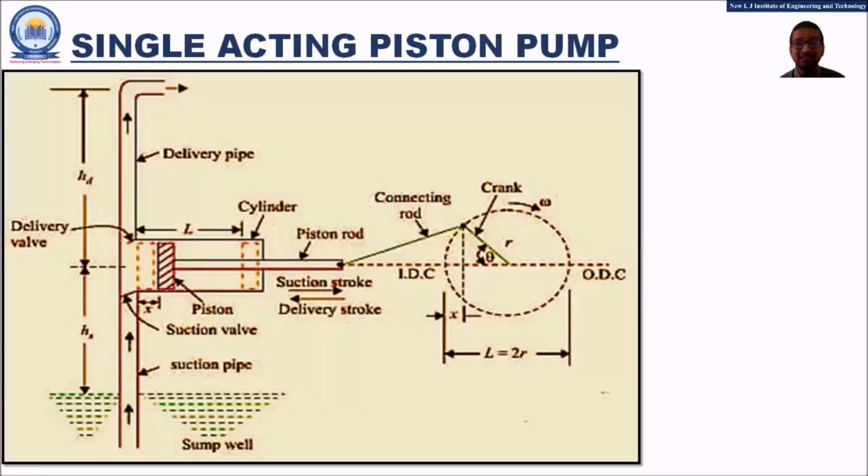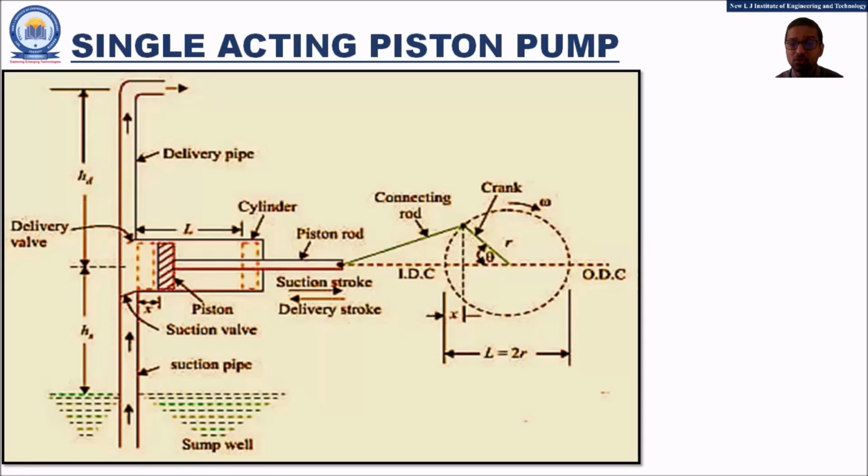So now friends, let us understand the working of the single acting piston pump. If you focus on my points, if you understand my points, I hope that the working will be perfectly clear. In the working, we need to explain two strokes.